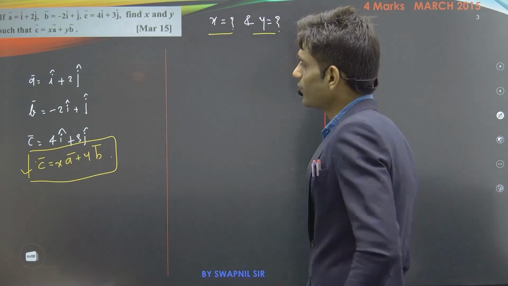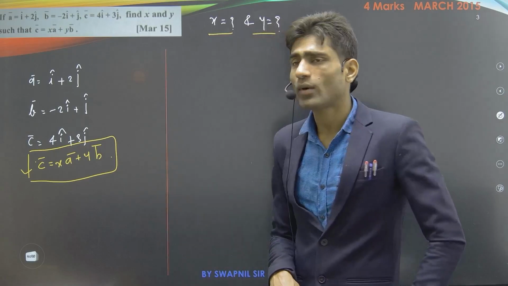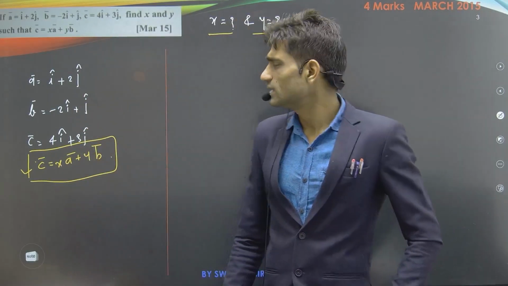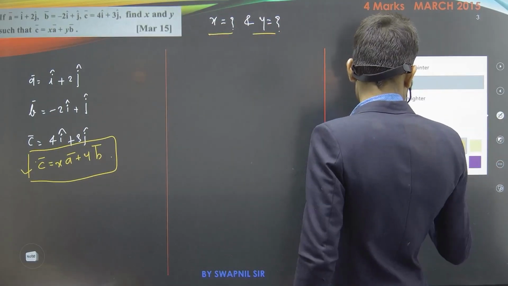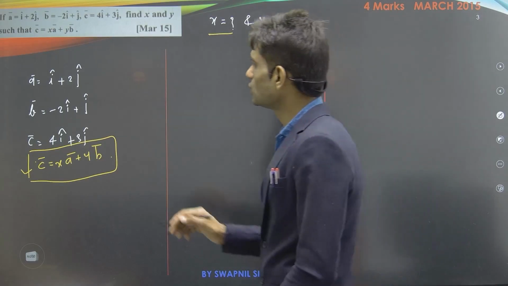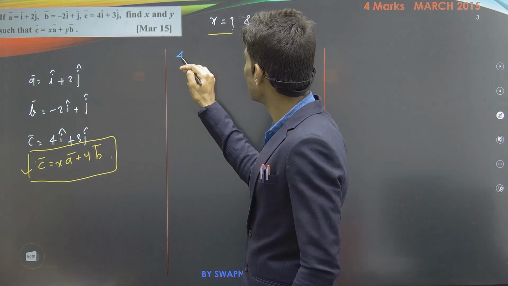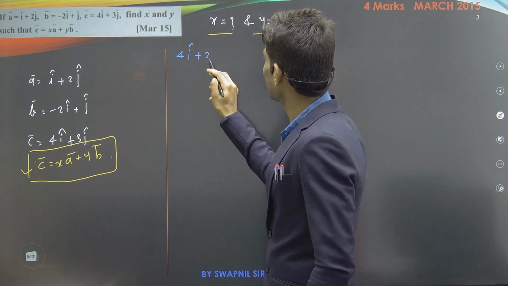Let's go for finding the values of x and y. We substitute all these position vectors in C bar equals x A bar plus y B bar. C bar is 4 times I cap plus 3 times j cap.